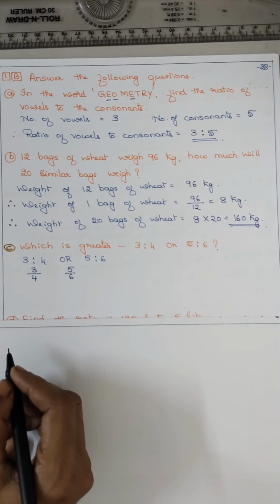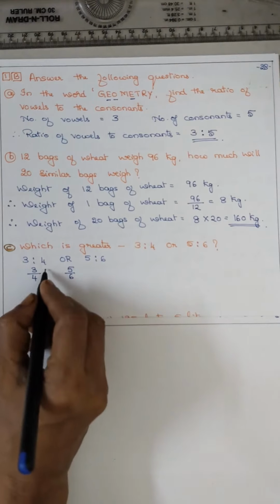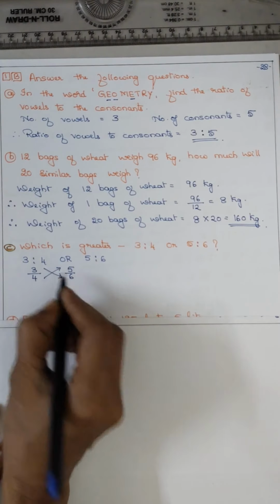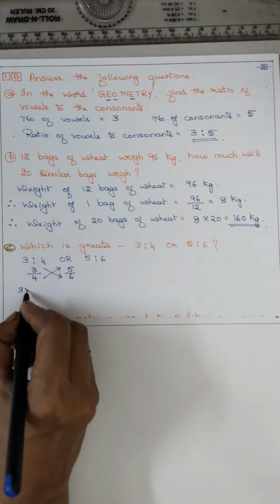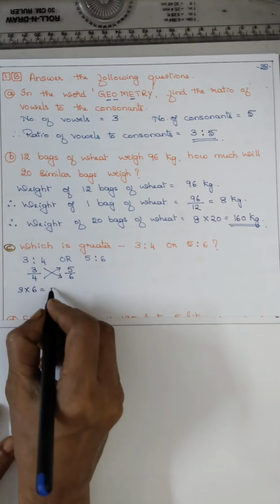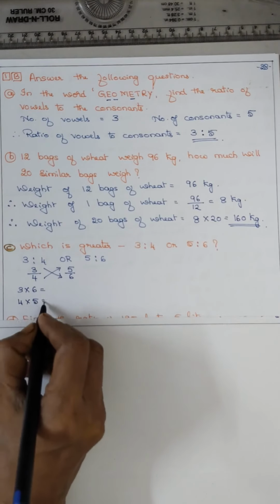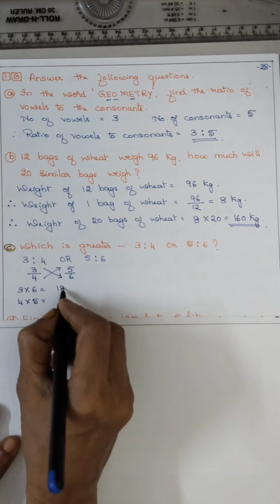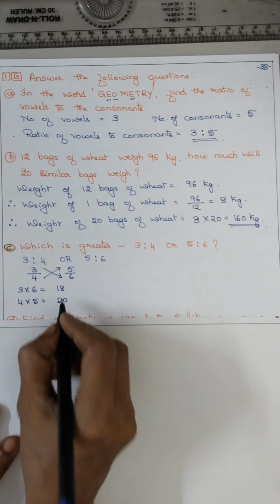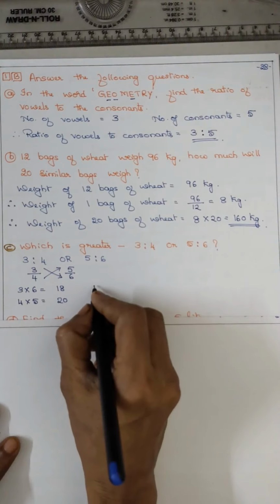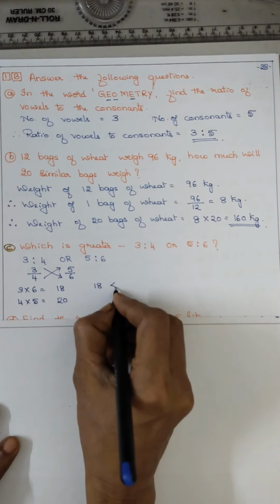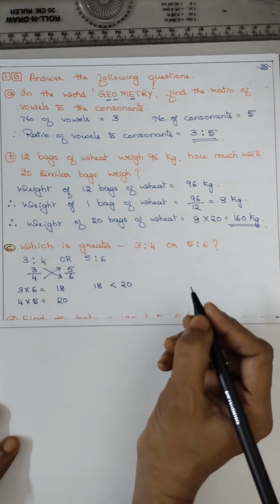You remember how to compare by cross multiplication? 3 6s and 4 5s. 3 6s are 18, 4 5s are 20. That means 18 is less than 20.